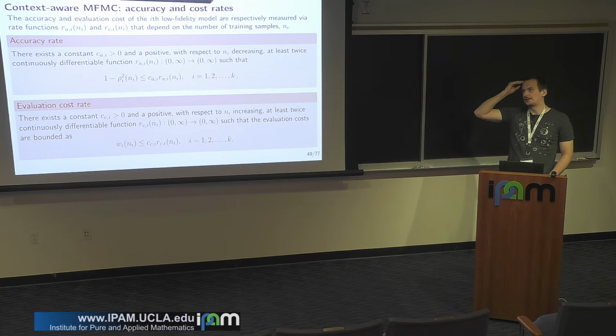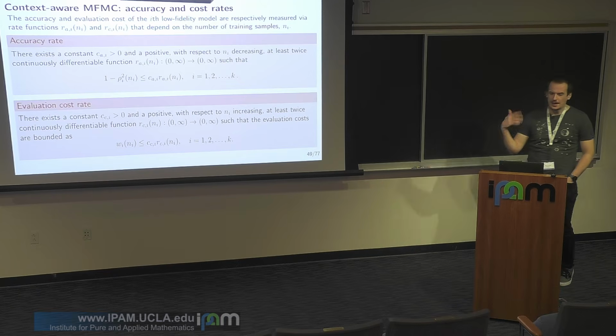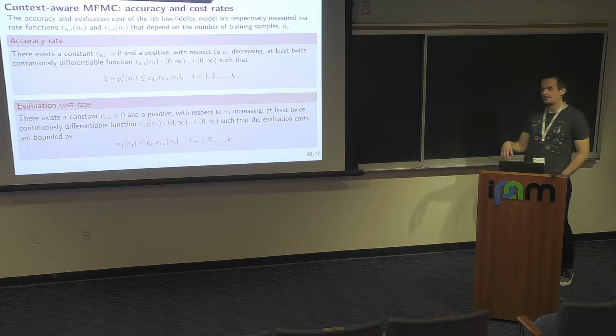If you don't have a monotonic behavior, for example because of a bifurcation in your parameter set, then this would have to change. But we are assuming essentially that as you increase the training size, the accuracy measured in terms of correlation coefficients improves.